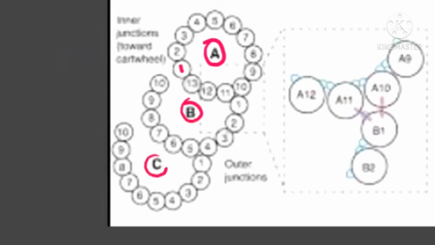Same with C, they have used only 10 because again 3 will go for sharing. This is the way how triplets are made with the help of tubulin proteins, alpha and beta, both alternating with each other.